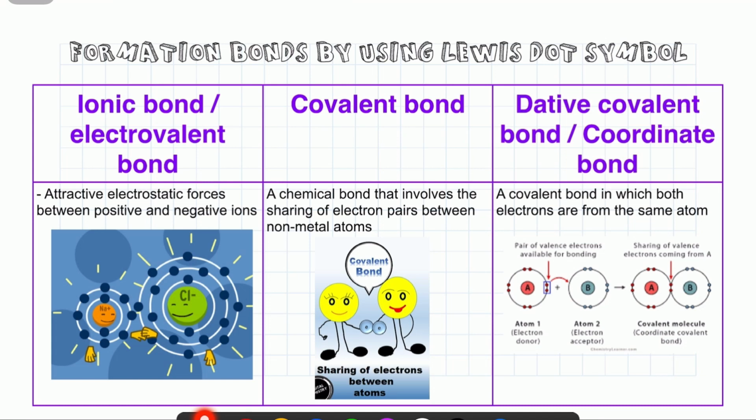In covalent bond, each atom will share the electron, but in dative covalent bond, only one atom will share the electron.